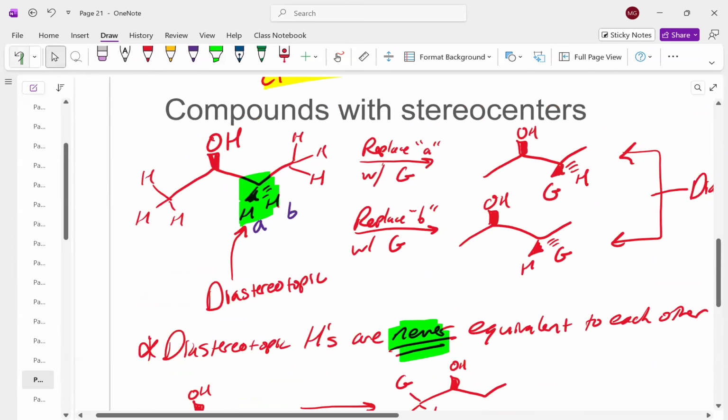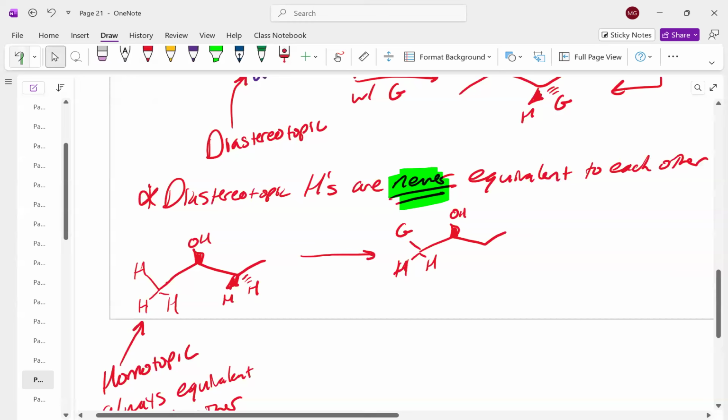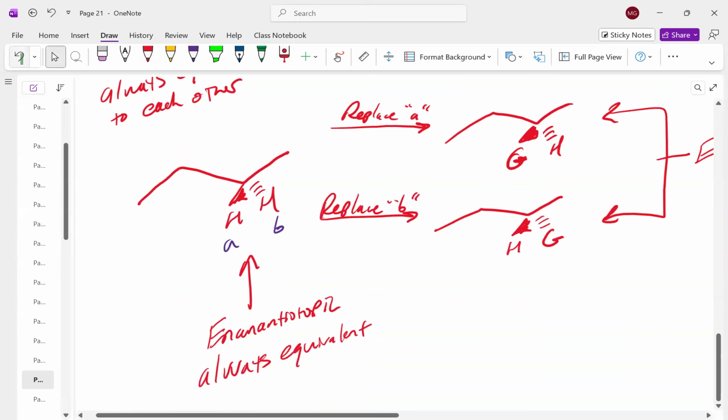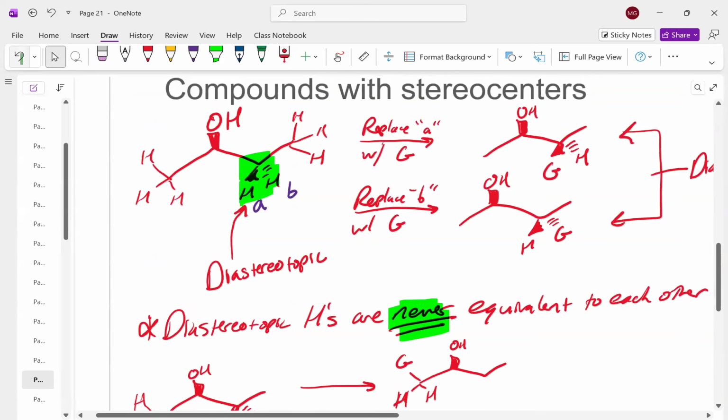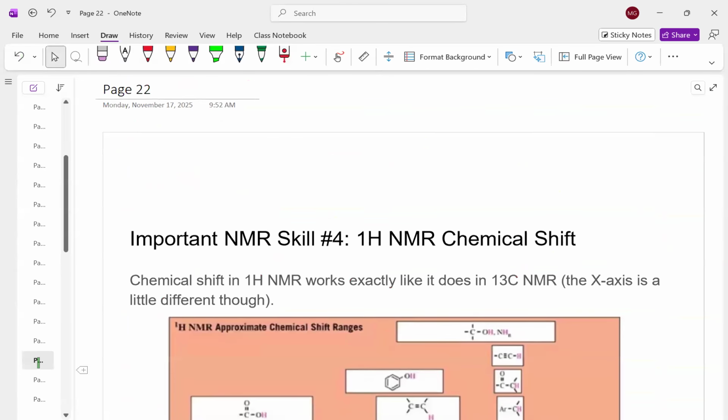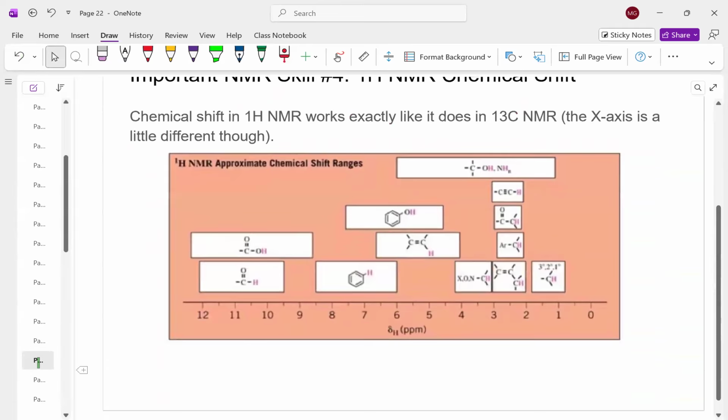Other than that, if they're homotopic, we don't care, always equivalent. If they're enantiotopic, we don't care, they're always equivalent. It's only this instance where they're diastereotopic that they're not equivalent to each other. So in the next video, we're going to talk about chemical shift. And again, I'm going to break it down just like we did with carbon NMR and look at it in terms of regions.